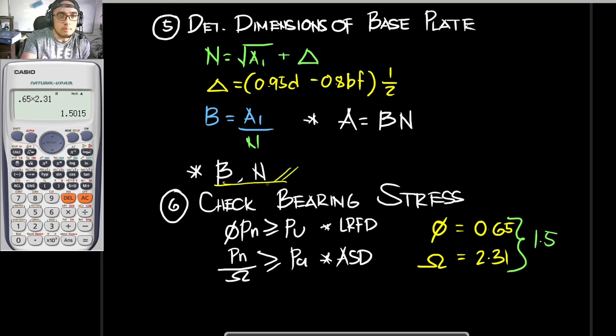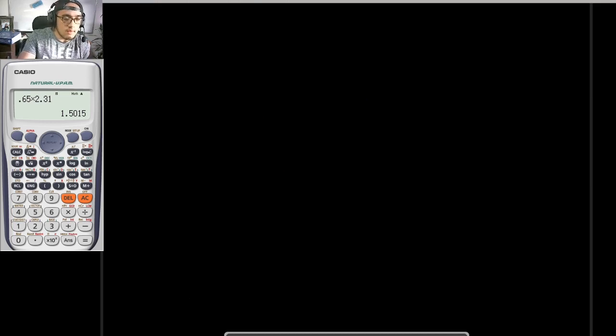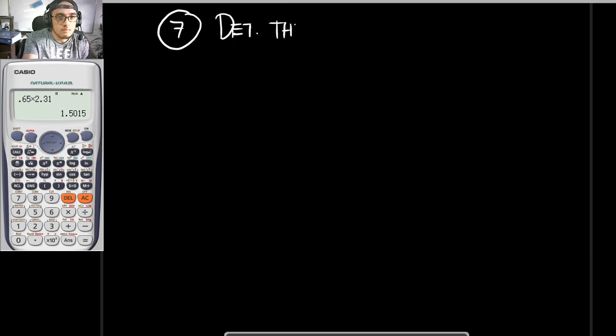So the next step that we should take is to get the value of the thickness. So step 7 is to determine the thickness. We have different formulas for the determination of the thickness.